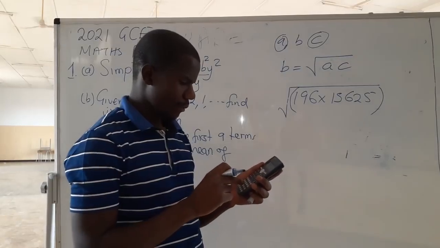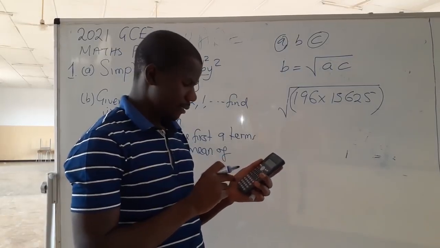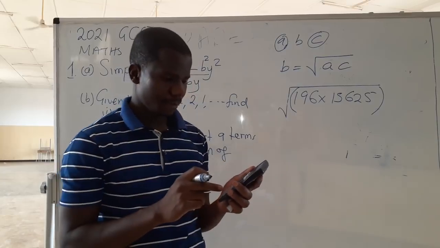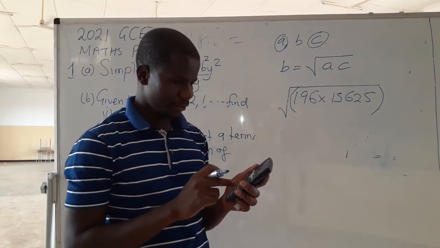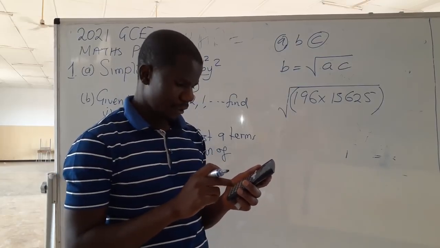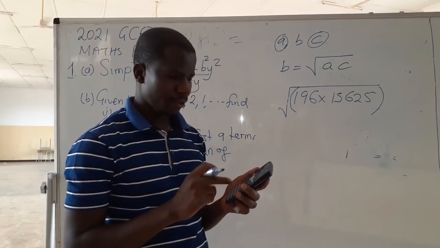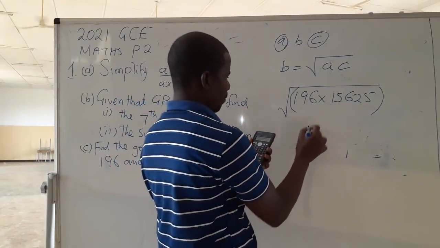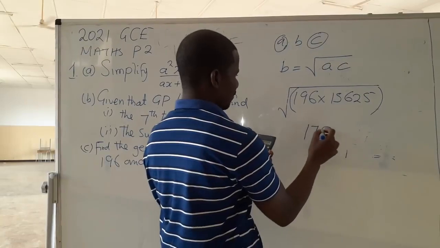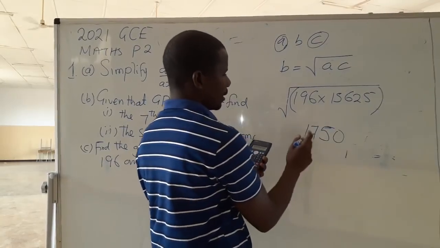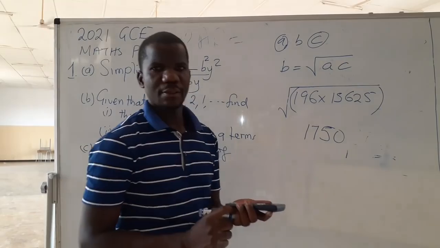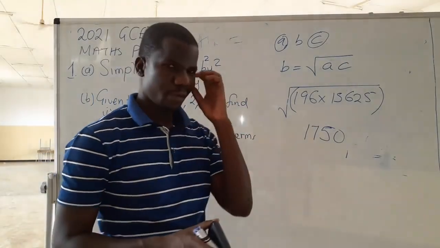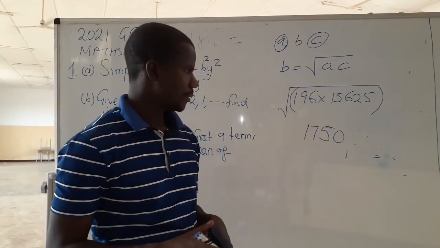So you say open square root, open brackets, 196 multiplied by 15,625, close brackets, equals. So we're going to have 1750. Okay? That is what we're going to get as our answer.